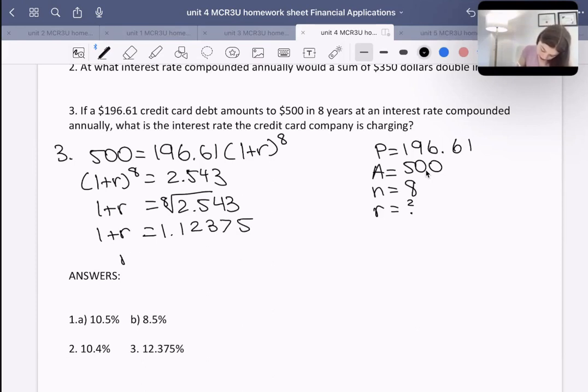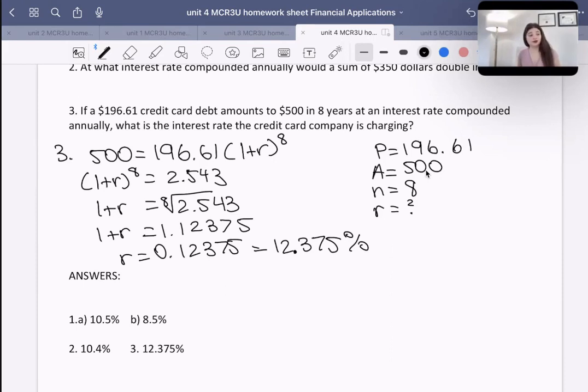So that means that r is equal to 0.12375, which is equal to 12.375%, which actually is a very low interest rate for a credit card, and they're pretty generous that they're only charging you annually too, for the interest. But that is indeed the answer for this question, and also the answer that they gave in the answer section too.